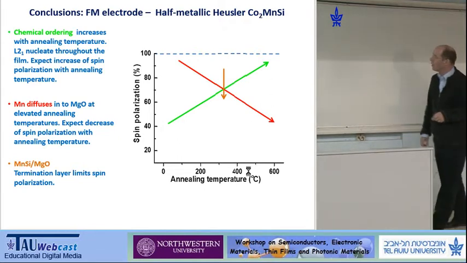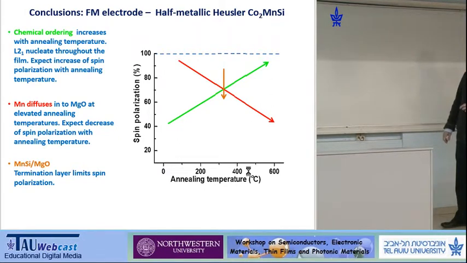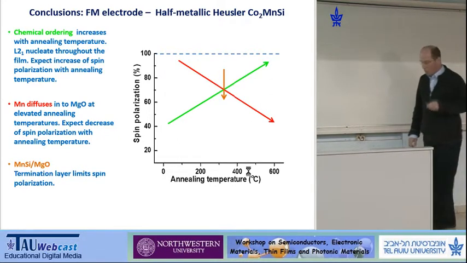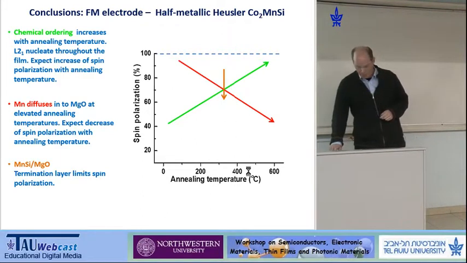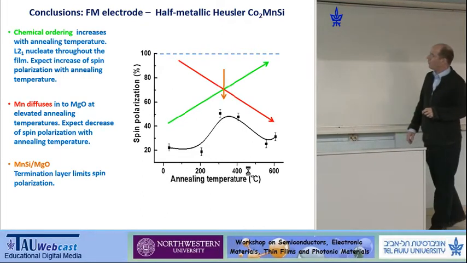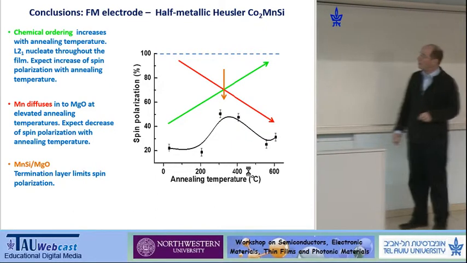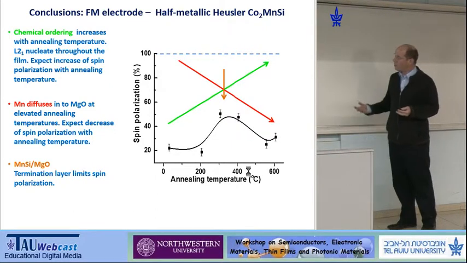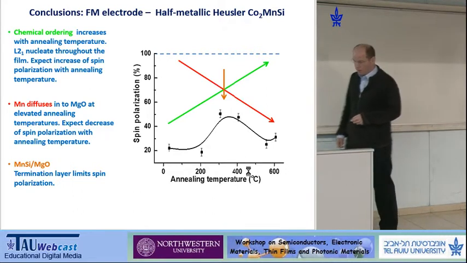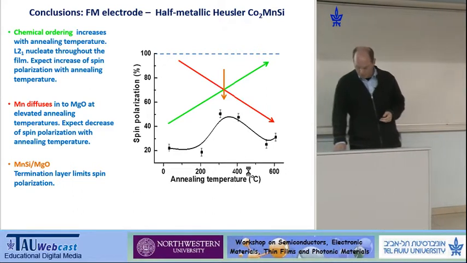And finally, the issue of the terminating layer reduces the overall maximum spin polarization that can be achieved. So these are the 3 phenomena that we want to explain this result that we measured, and it is actually very typical for devices that are reported in general.